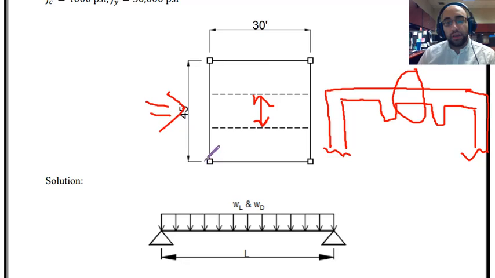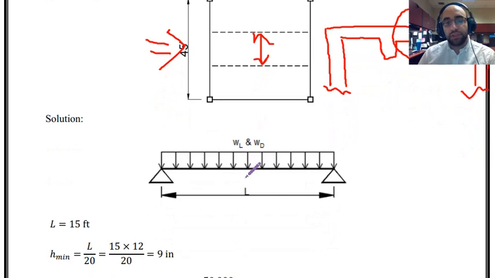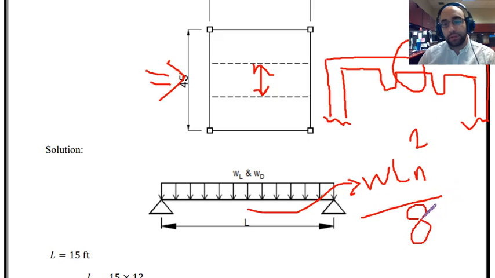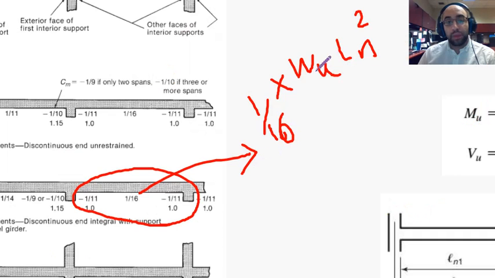In our case, we are considering it as a simply supported beam, and we know the bending moment here is W ln squared over 8, right? So as you can see, the bending moment that we are estimating at the middle when we consider it as a simply supported system is much greater than what we had based on continuous systems.